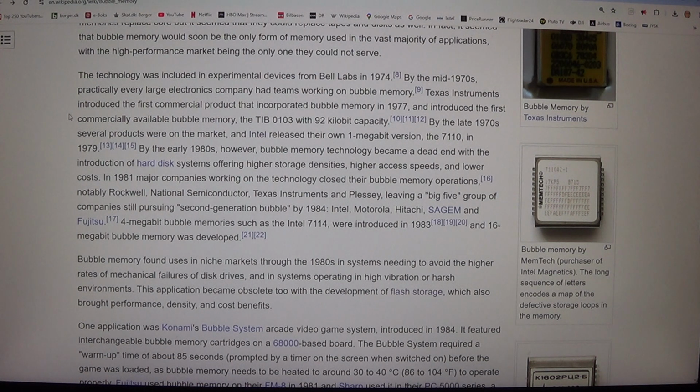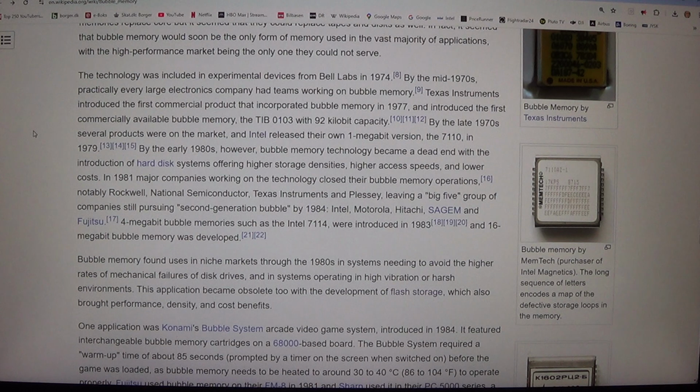By the late 1970s several products were on the market, and Intel released their own 1 megabit version, the 7110, in 1979.